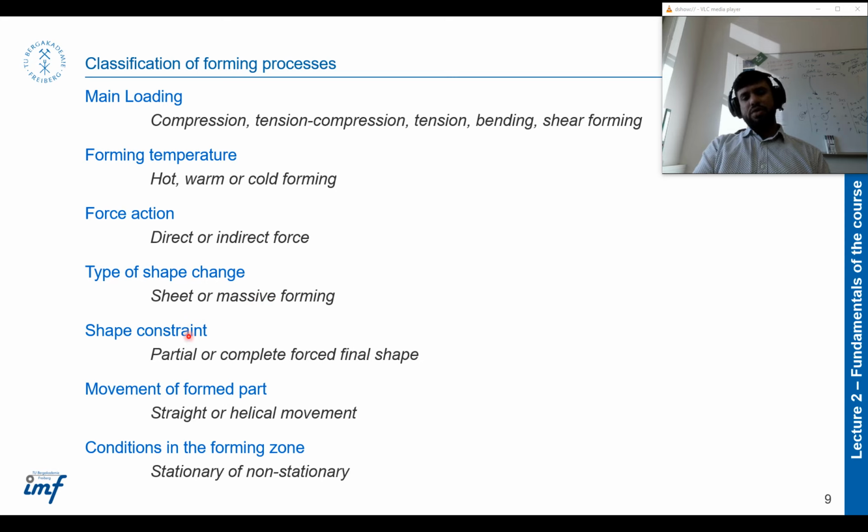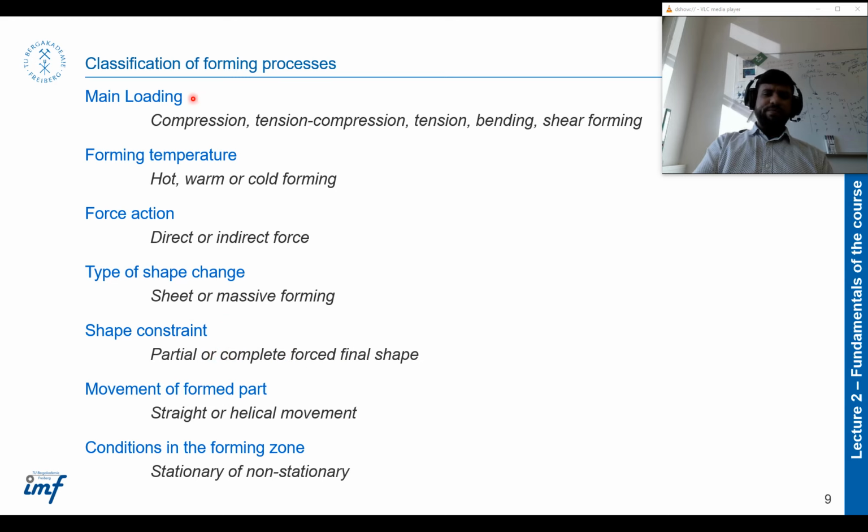It can also be classified depending on the shape constraint. So during forming, was it partially constrained or was it completely constrained? And this usually falls within the category of forging, where the material can be partially or fully constrained.